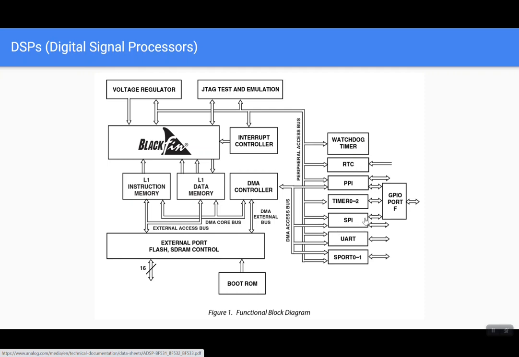We will learn about what a SPI port is, what a UART is. Most likely you already know it, but anyhow, we will discuss all the serial communication protocols when we discuss all of these, like microprocessors, microcontrollers, DSPs, and FPGAs.